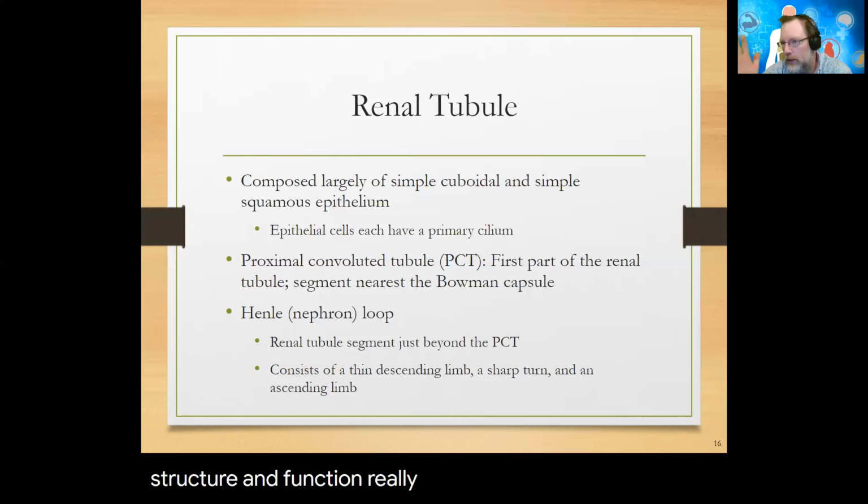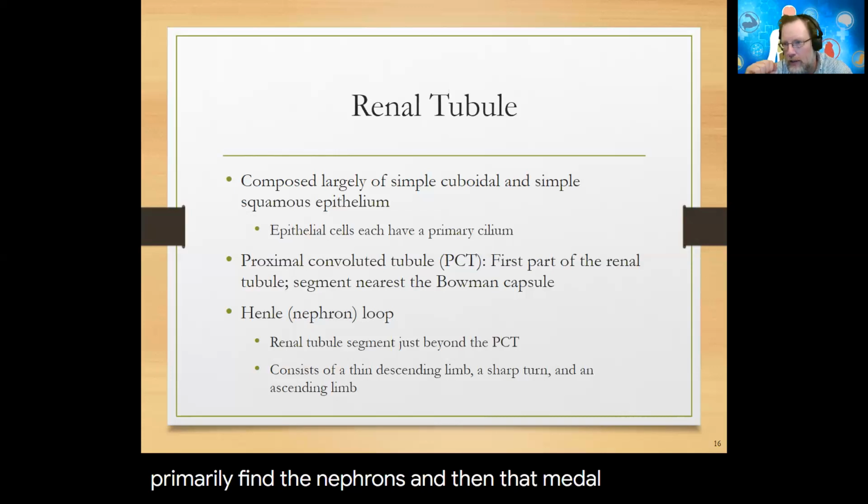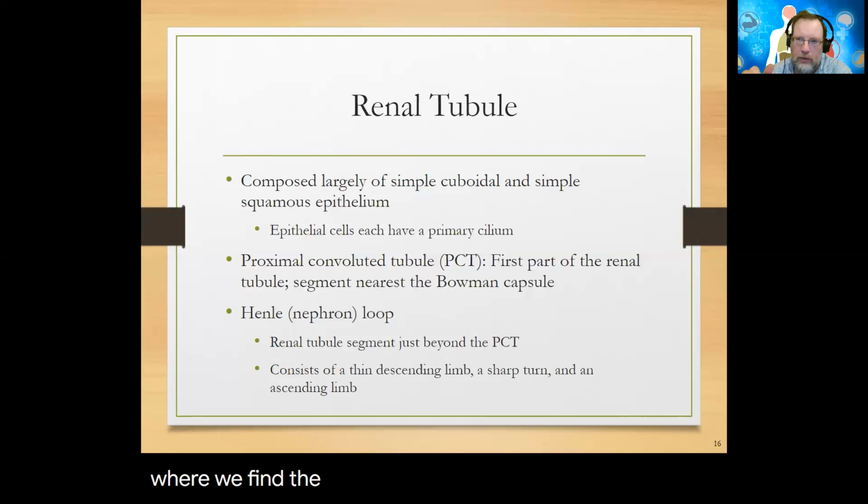Really with urinary system structures on the NCLEX, again, you want to remember right and left kidney, right and left ureters, urinary bladder, and urethra for the macro areas. And then as we break down the kidney, we look at the cortex being the more superficial layer where we primarily find the nephrons, and then that medullary aspect where we find the renal pyramids, the minor calyces, major calyces into the renal pelvis.